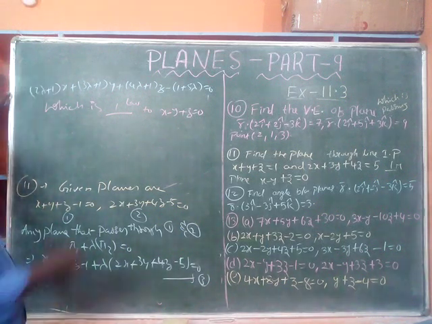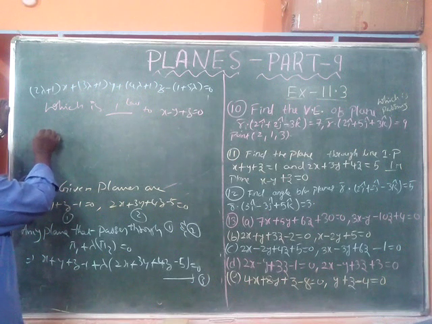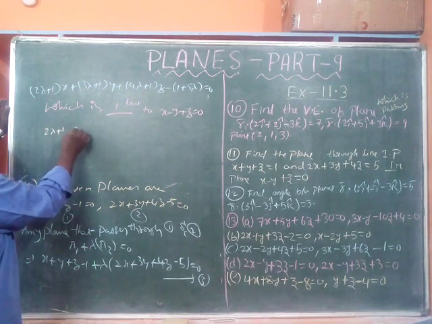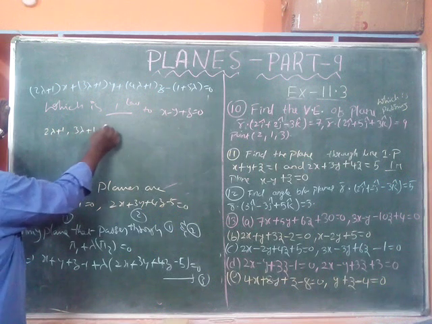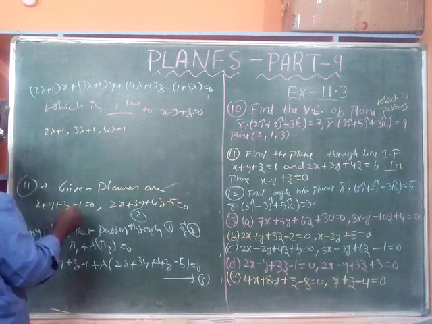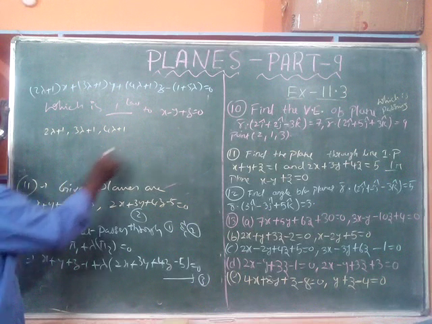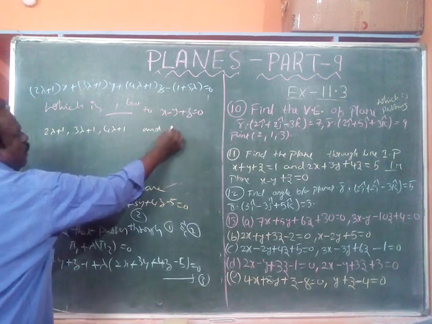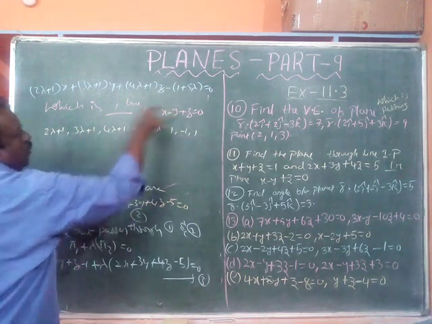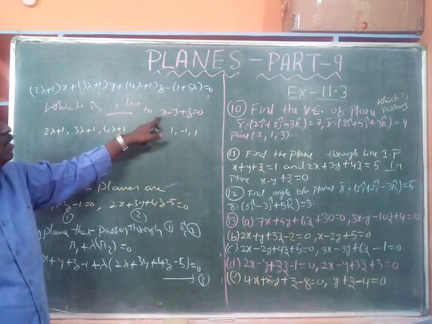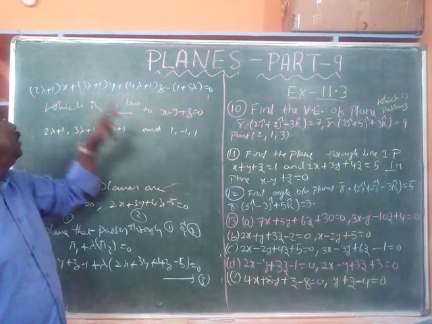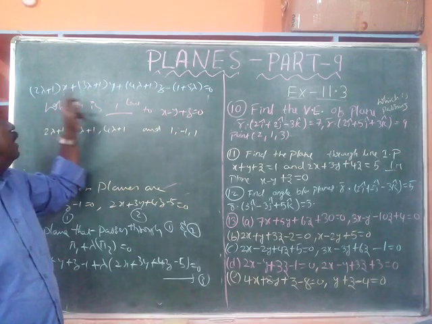The normal direction ratios are 2 lambda plus 1, 3 lambda plus 1, 4 lambda plus 1. It is one set. And 1, minus 1, 1, the coefficients of x, y, z here also.